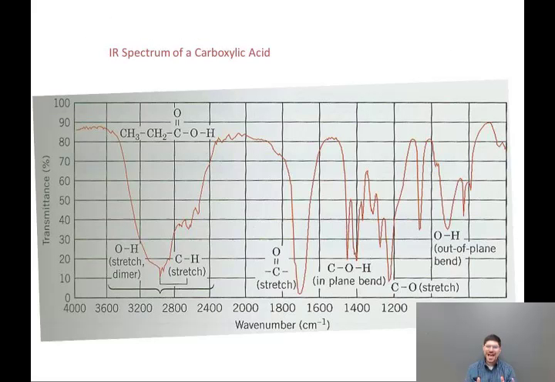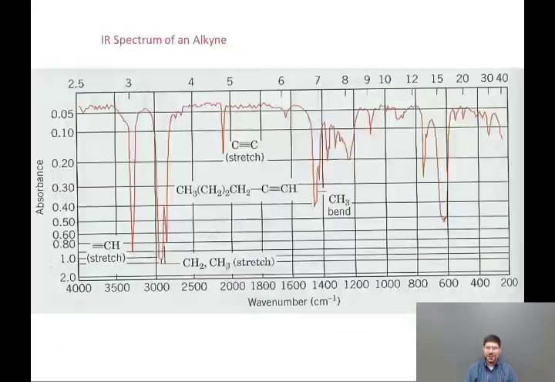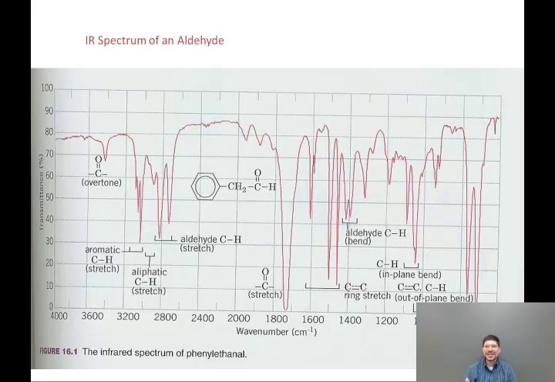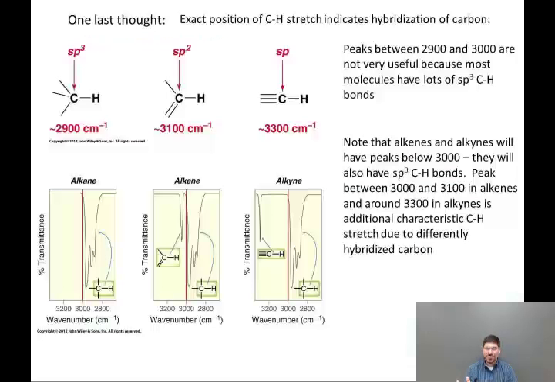So the carboxylic acid, going back and looking at this again, this one has both of the in-your-face stretches. It has the incredibly intense C double bond O stretch, and then the incredibly broad carboxylic acid OH stretch. Okay, so that's basically our catalog of the different functional group stretches.